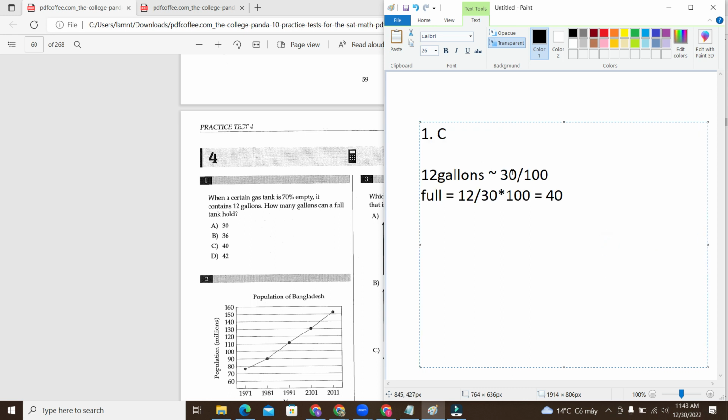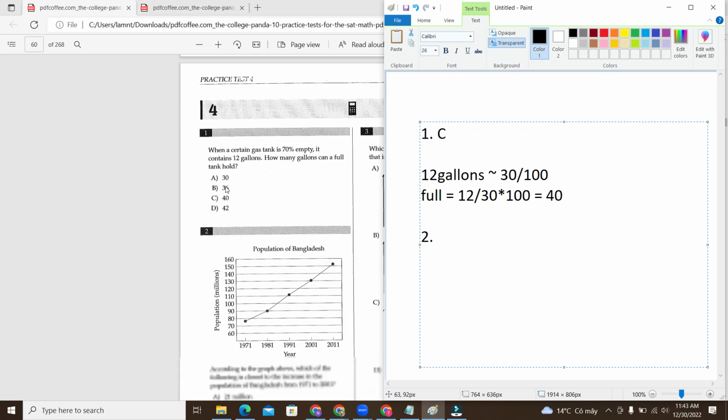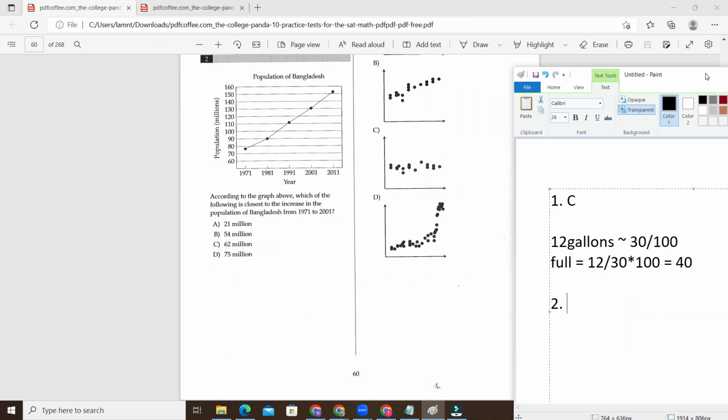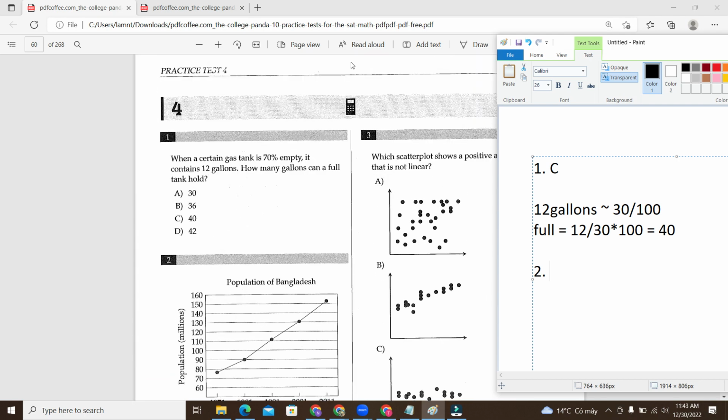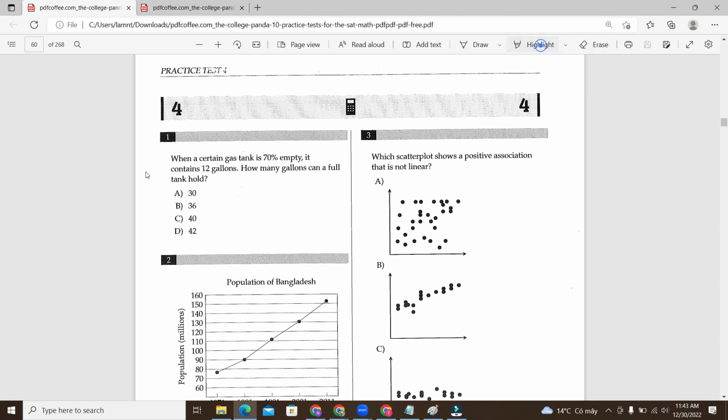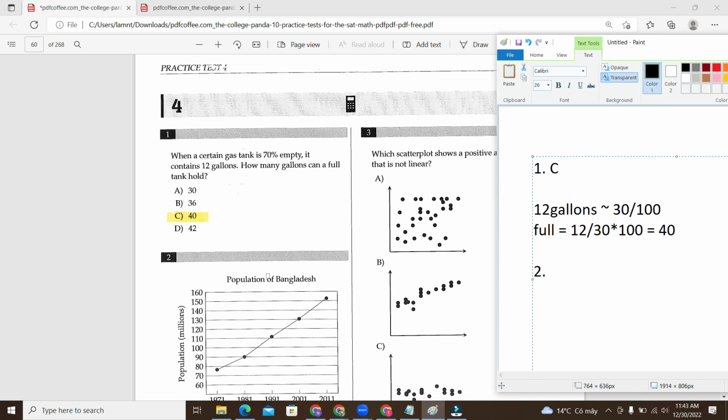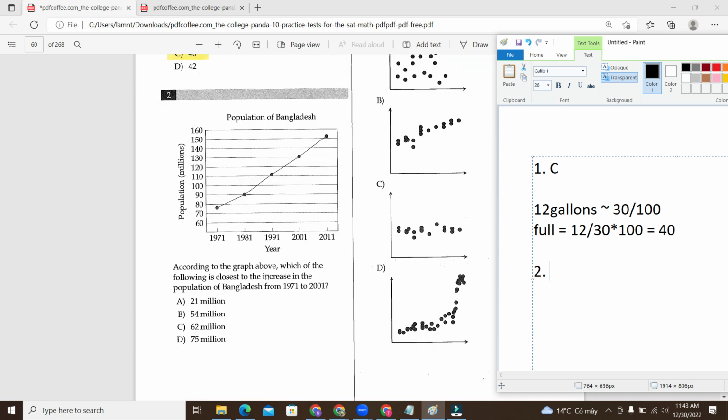All right. So number 2, we are talking about the population of Bangladesh. So number 1 is 40, C. Number 2. Okay, population of Bangladesh from 1971 to 2011, and the population is in millions.